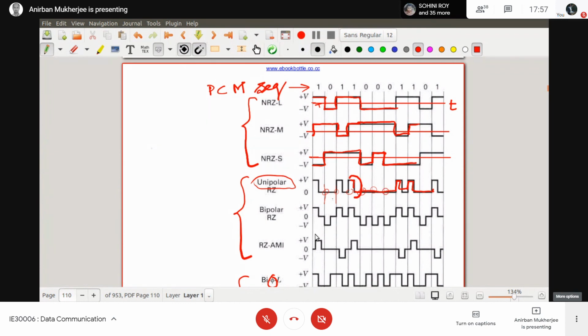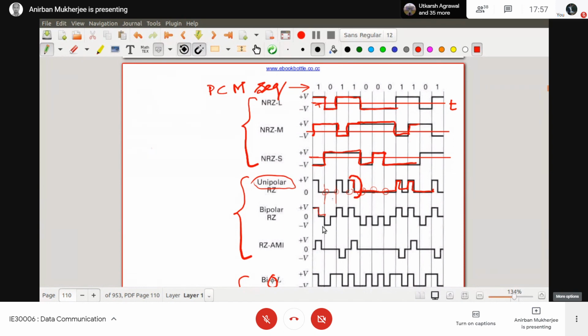Now bipolar RZ means, say, 1 means something like that, and then return to 0. This is 0.